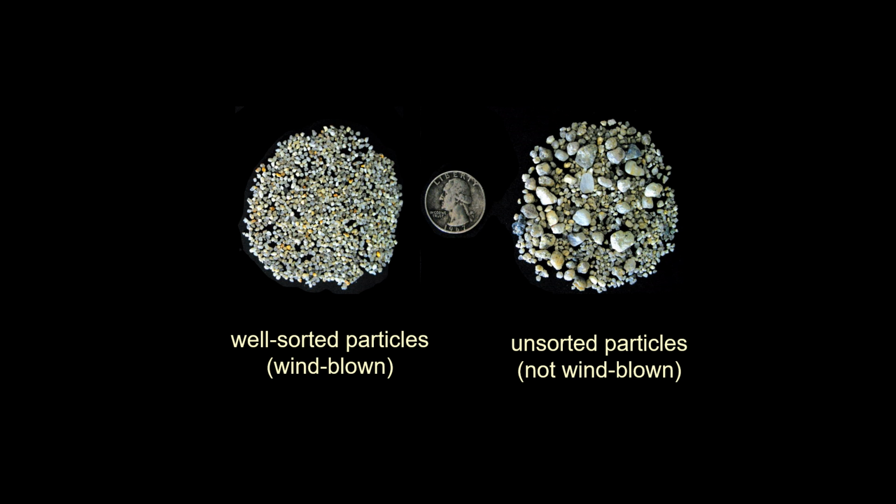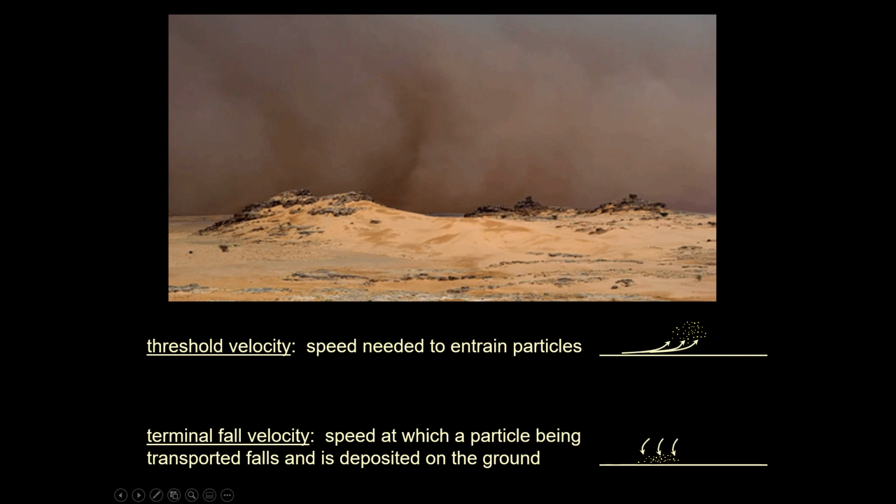So if you see sandy, gravelly material of similar size somewhere, it's very likely that it was wind-blown. If you see particles of varying sizes, the chances are you're looking at particles that have not been reworked by the wind, so they're not wind blown.